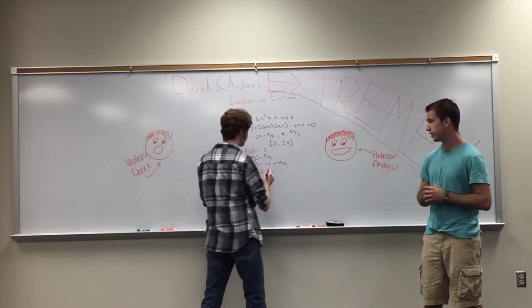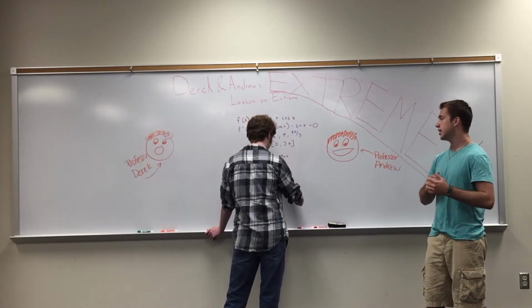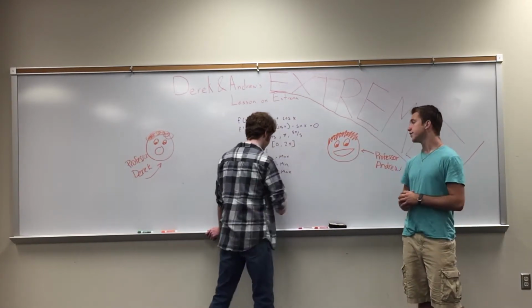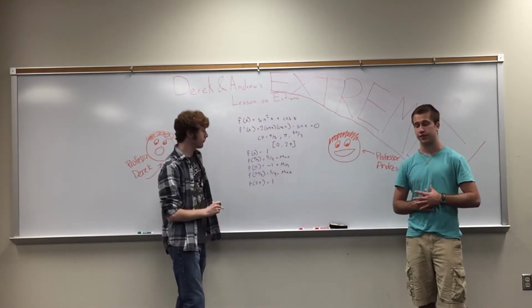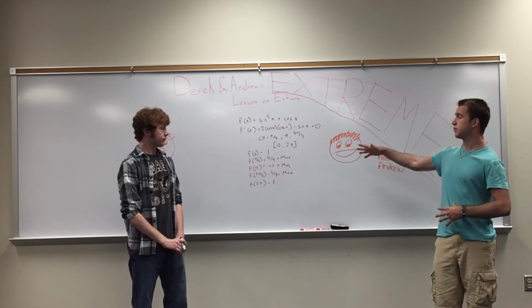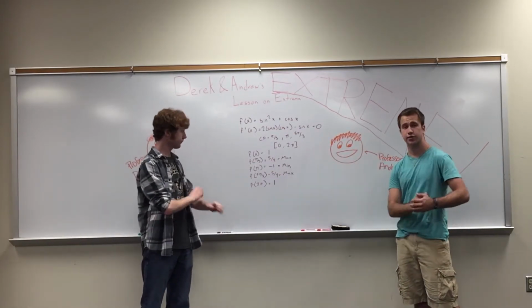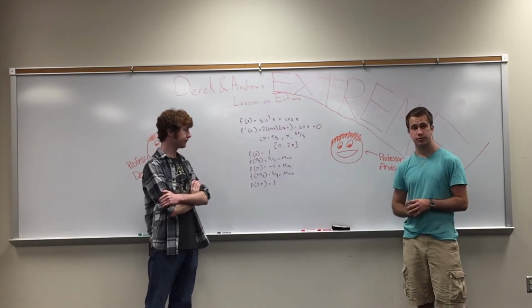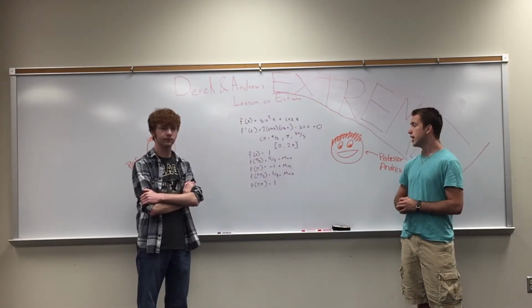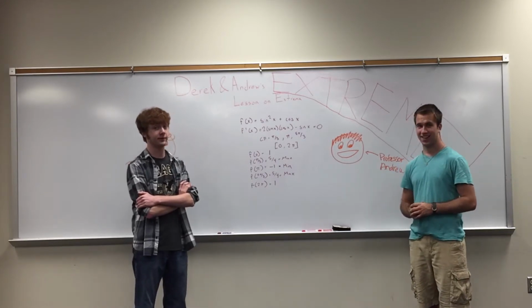F of pi over 3 is equal to 5 over 4. F of pi is equal to negative 1. F of 5 pi over 3 is equal to 5 over 4. And finally, f of 2 pi equals 1. After comparing all the values, we determined that f of pi over 3 is the absolute maximum value on this given interval, and f of pi is the absolute minimum. Pretty extreme, huh?